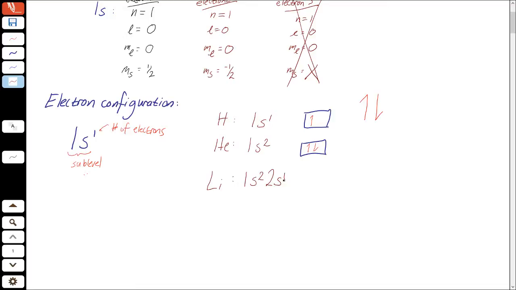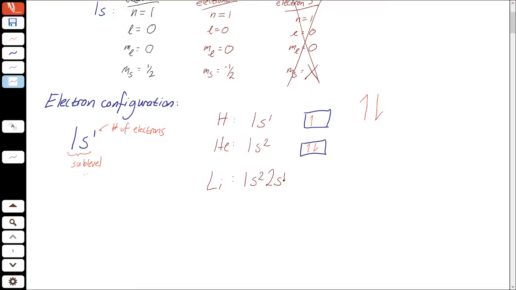So what's that last electron, that third electron? What's its set of quantum numbers going to look like? What's its n going to be? Now it's going to be 2 because it's in the 2s, and then L 0 because it's still in the s, so it's 0, and then it's going to have ML 0, and MS can be plus or minus 1/2.